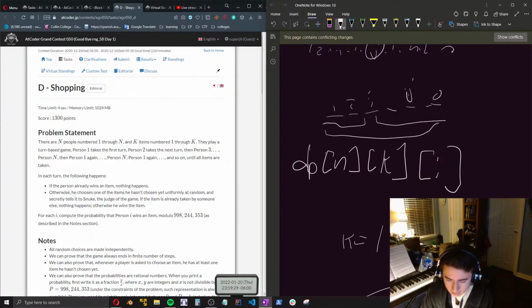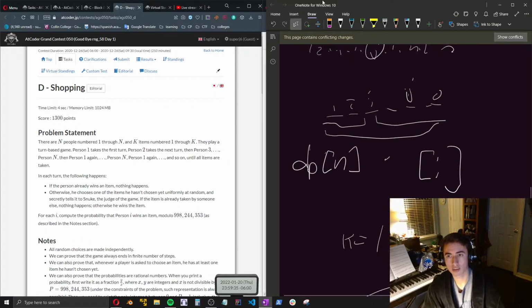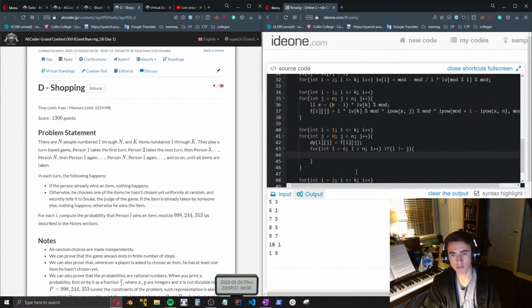So you have to re-index I and get the smaller for I minus 1.